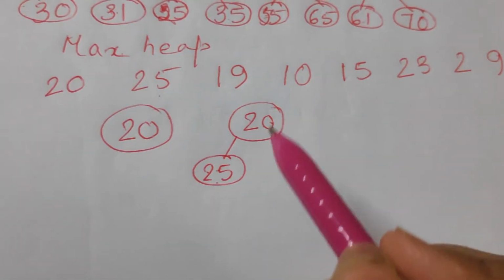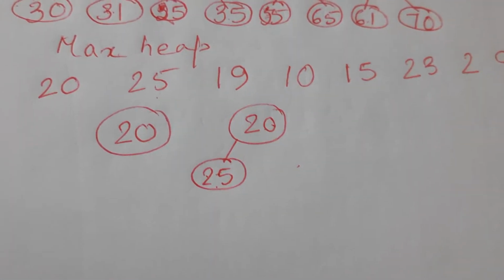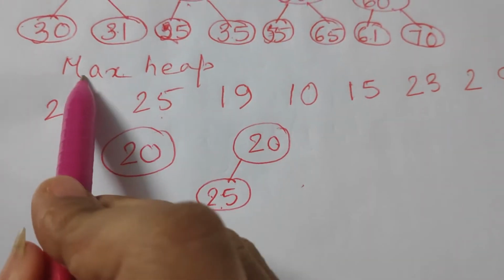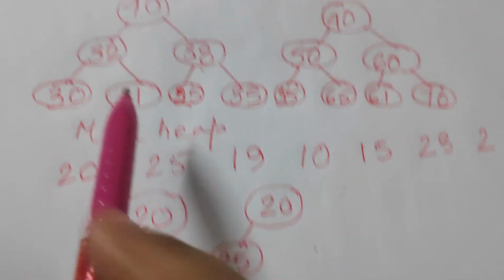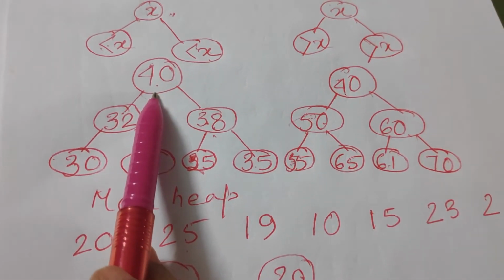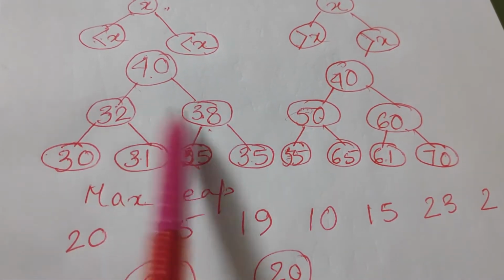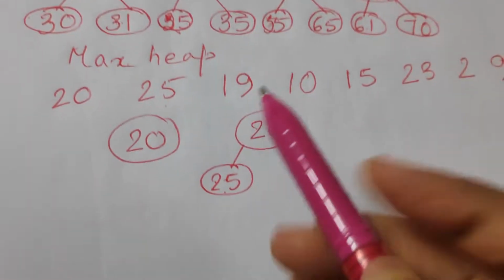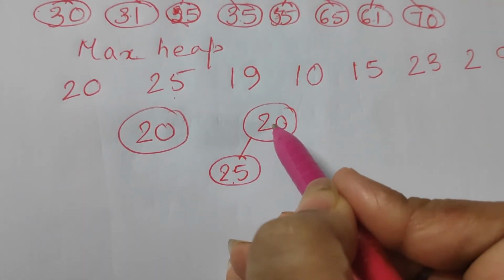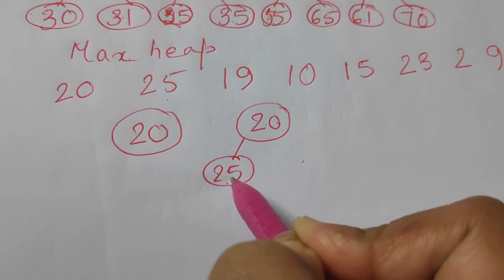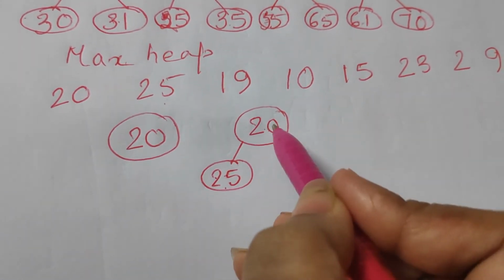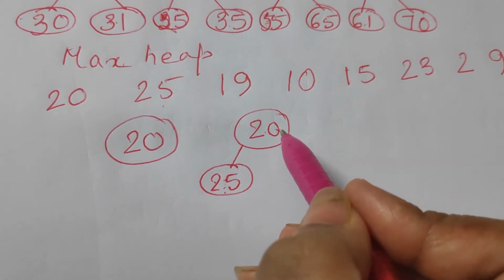Now if you look at the tree, is it a max heap? So what is the rule of a max heap? The parent node should have the value greater than the child nodes. So over here, parent node value is 20 and child node value is 25. So this is not as per the rule of max heap.